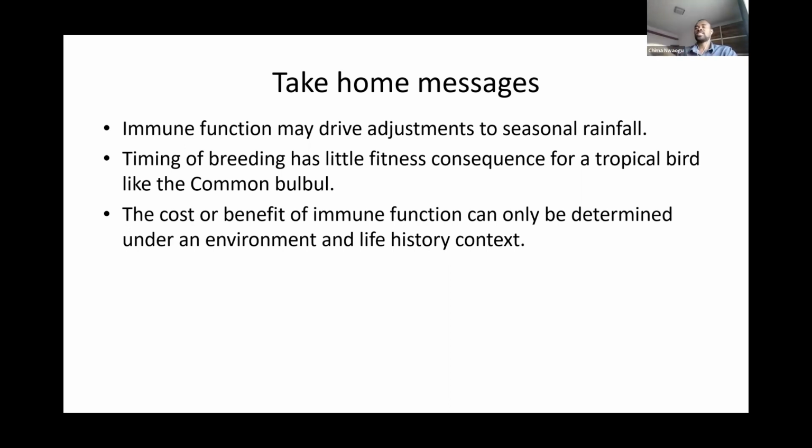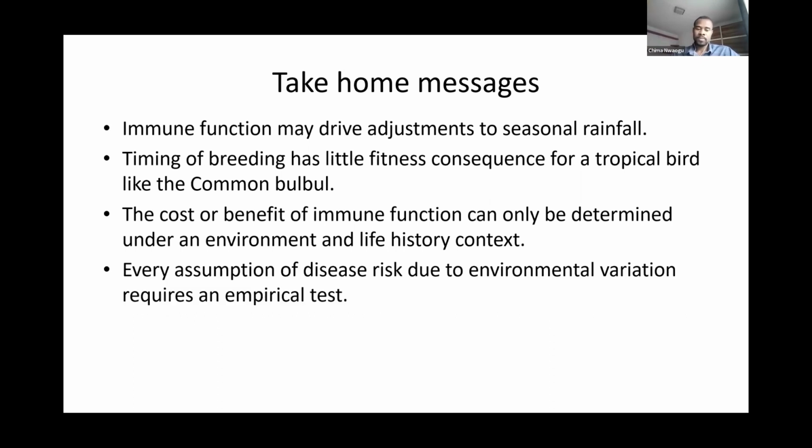The individual circumstance is very important. So the trade-off between immune function and other annual cycle stages is not just black and white. So any assumption of disease risk needs to be tested empirically.